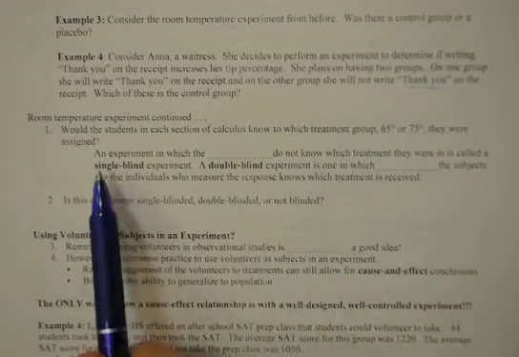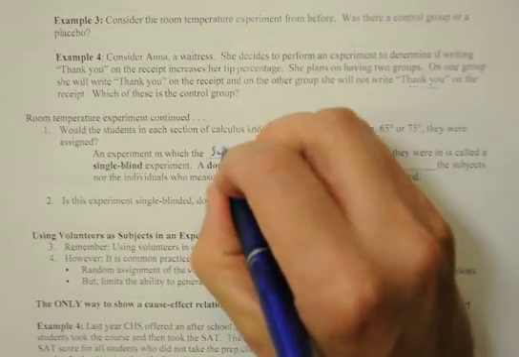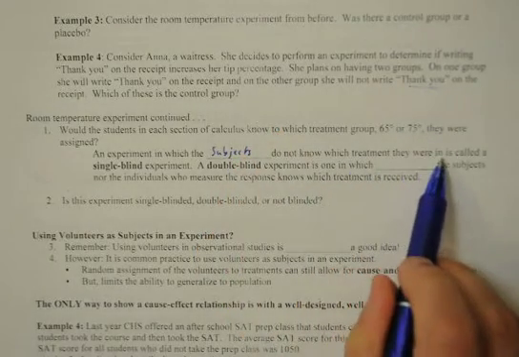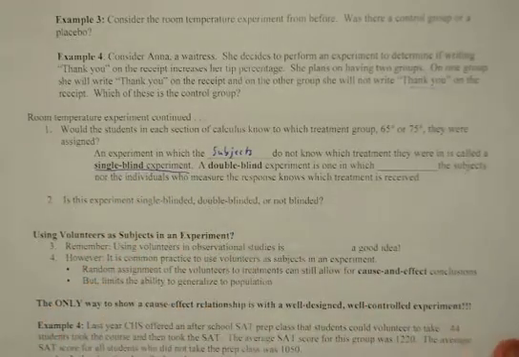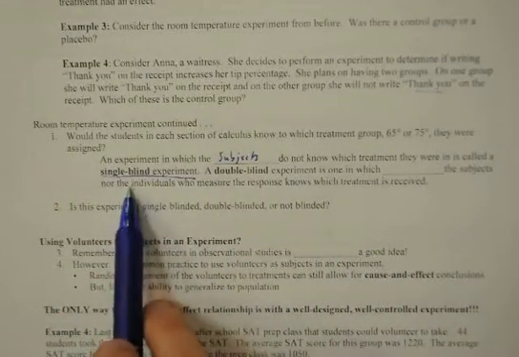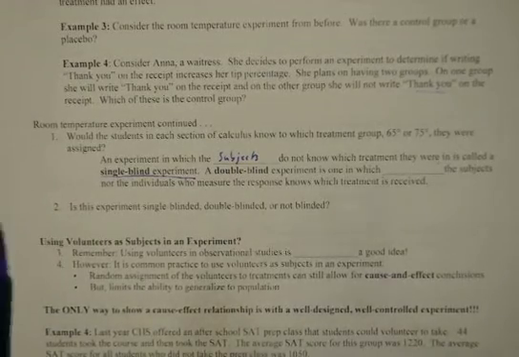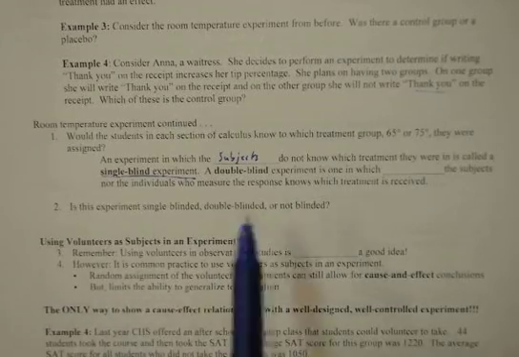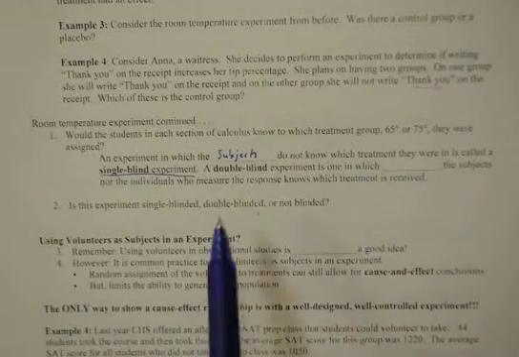But in general, an experiment in which the subjects do not know which treatment they're in is called single-blinded. So single-blinded means the subjects do not know. Only the subjects. The experimenter still knows what the treatment is.